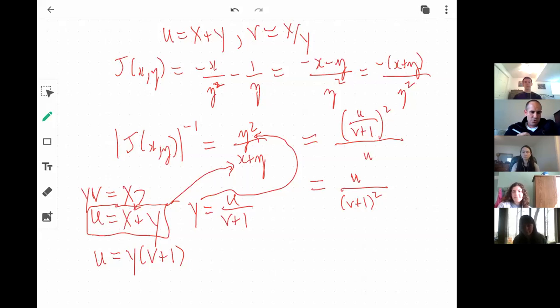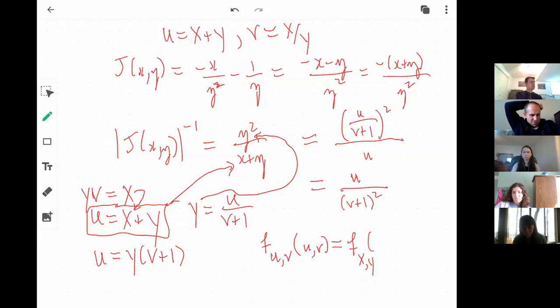So what is this thing? f of uv of u comma v is equal to the density of X and Y with X replaced by what it is.